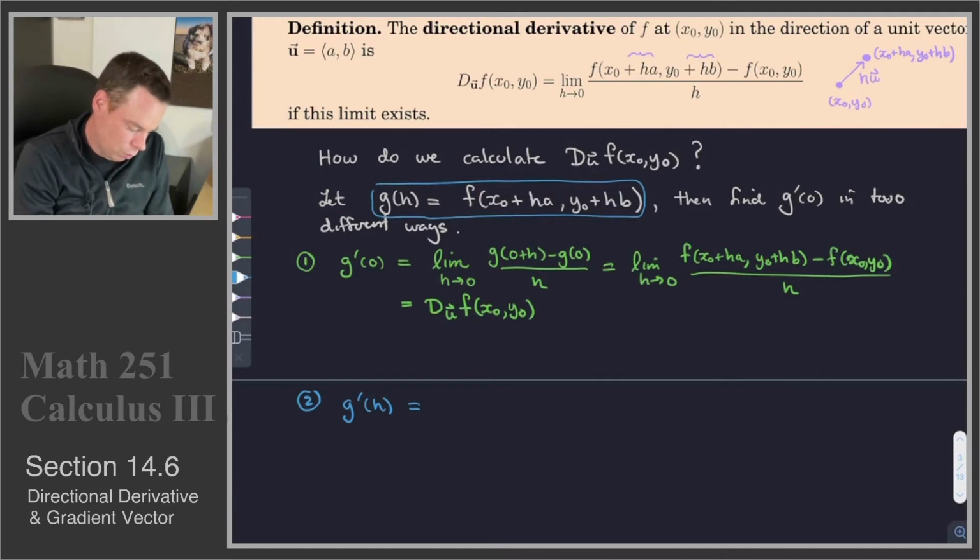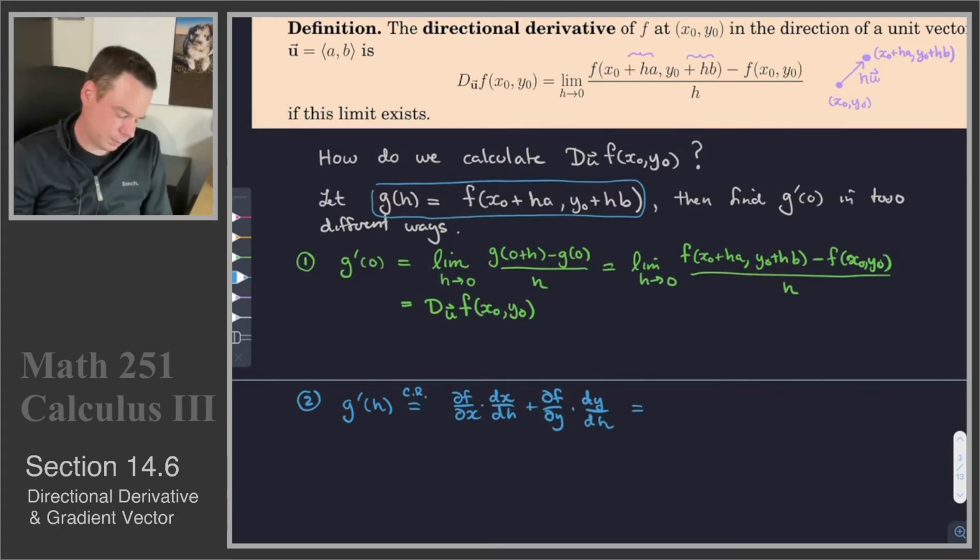So I can use the chain rule to do this. So I'll indicate CR for chain rule. So it's going to be the derivative of f with respect to x times the derivative of x with respect to h, plus the derivative of f with respect to y times the derivative of y with respect to h.